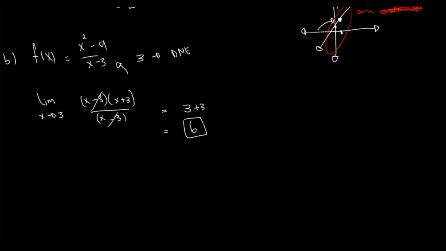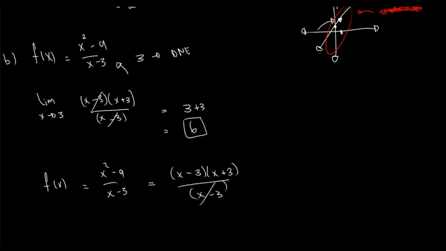So this one's 6. So if we had to go graph this function, we can graph it like this. Again, perfect square. So we can simplify this by saying x minus 3, x plus 3 over x minus 3. We can simplify, and we have f of x, which is equal to x plus 3.